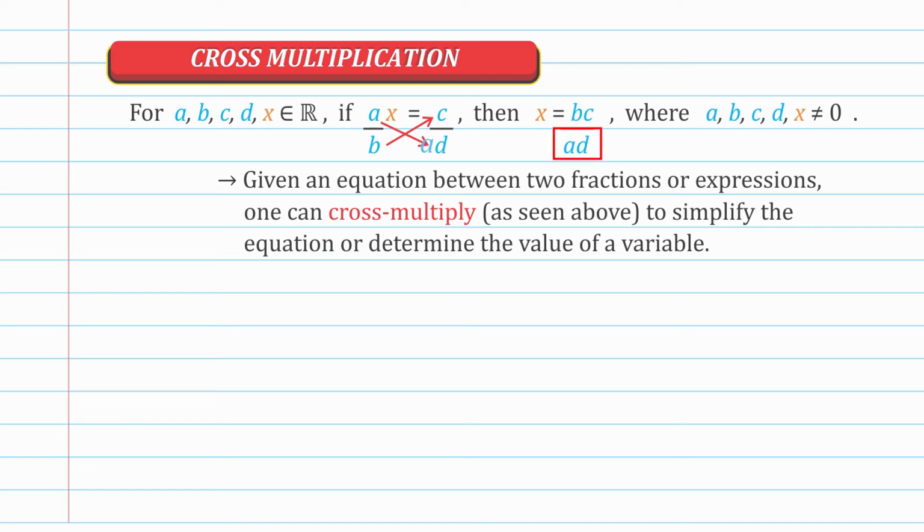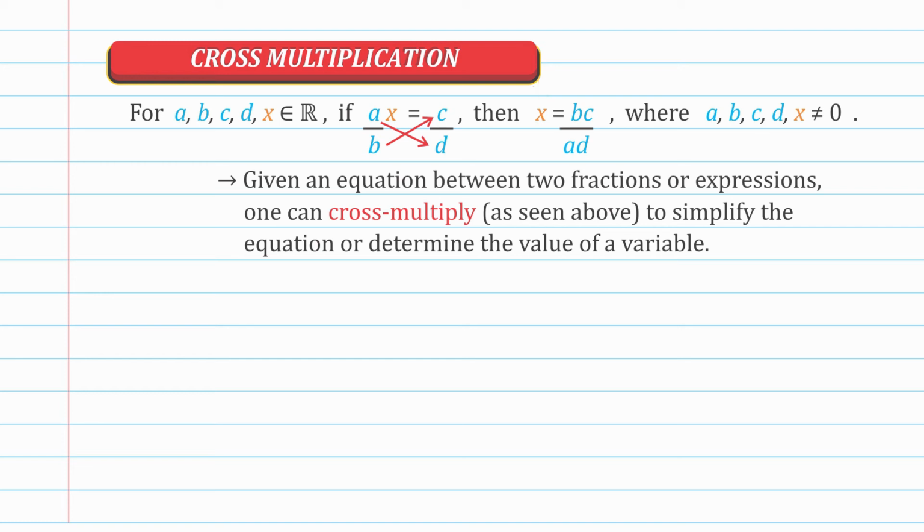Therefore, the denominator becomes a times d. Now, looking at b, it can also cross the equal sign multiplied by c, therefore, making the numerator b times c or bc. Therefore, isolating x, which is equal to bc over ad.